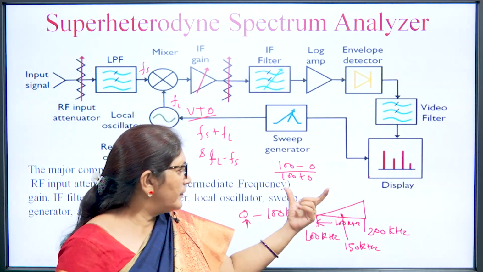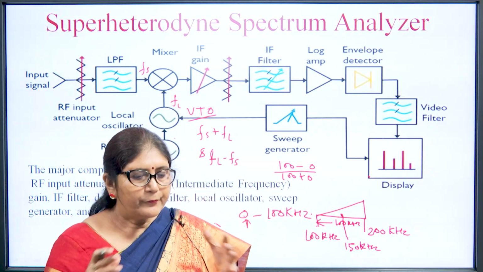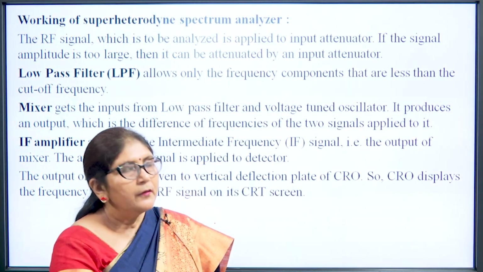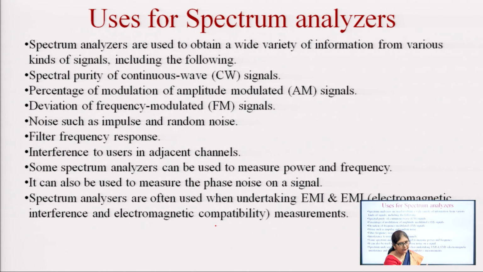So, the screen will display the spectrum of the frequency components. So, this is the working. The low pass filter will allow only the frequency components that are less than the cutoff frequency, and the mixer gets the input from low and high frequency.